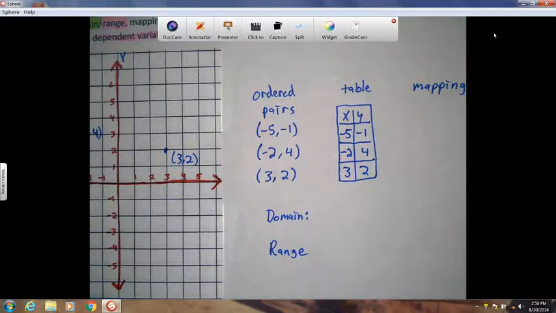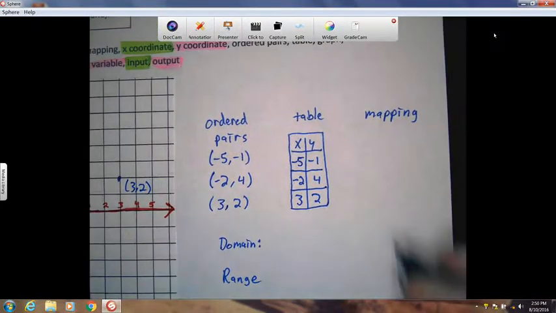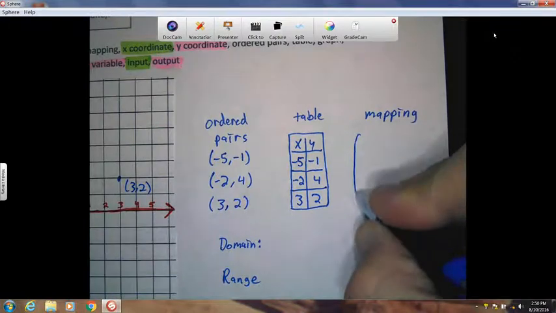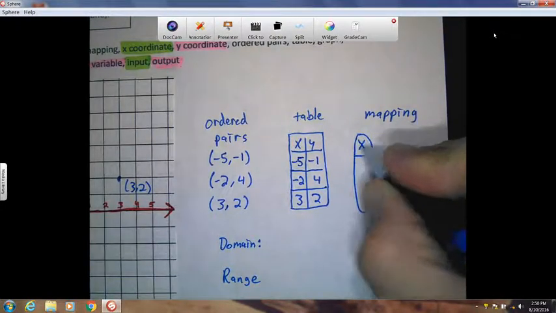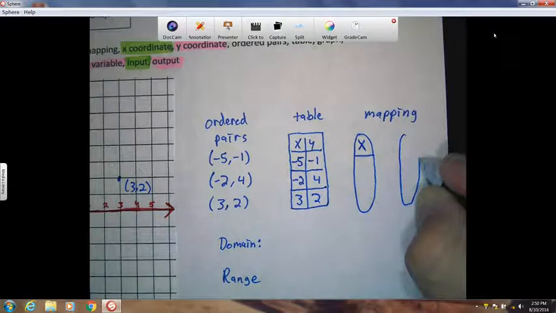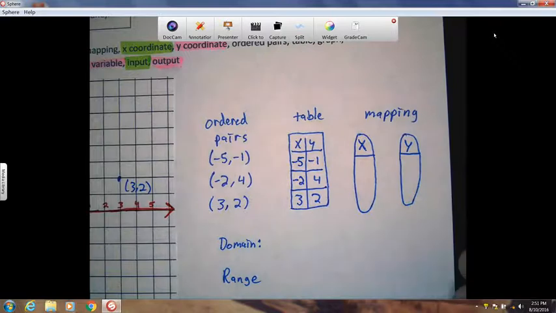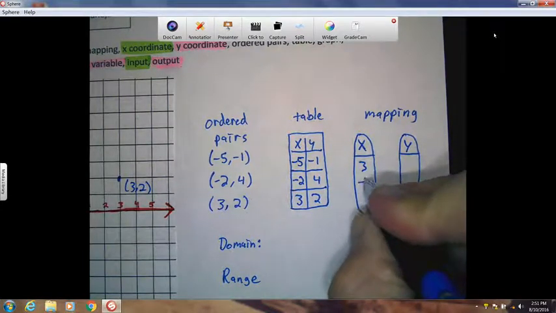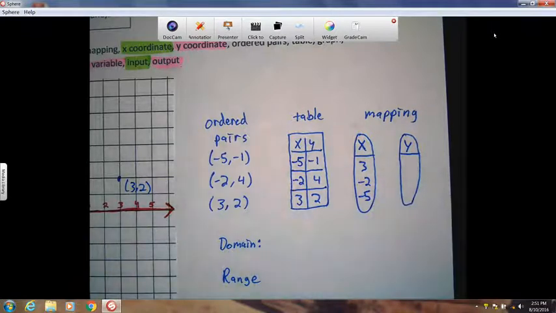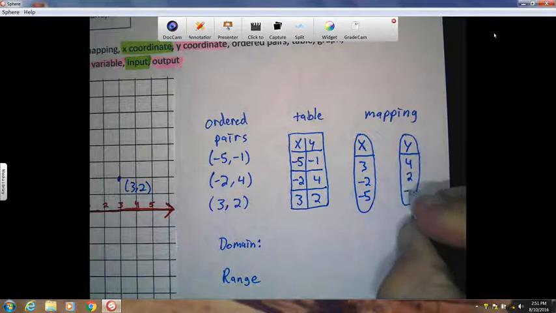You could also do this in mapping. And for mapping, I'm going to go ahead and put those in numerical order. So I have -5, -2, 3, so that's in numerical order, and -1, 2, 4.